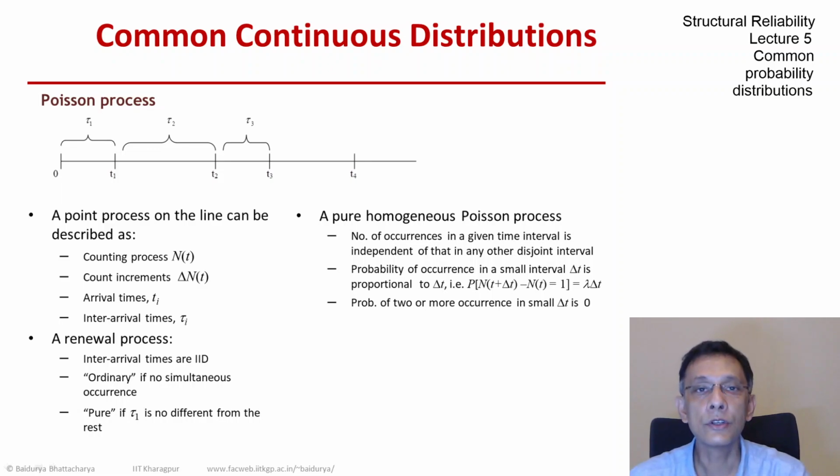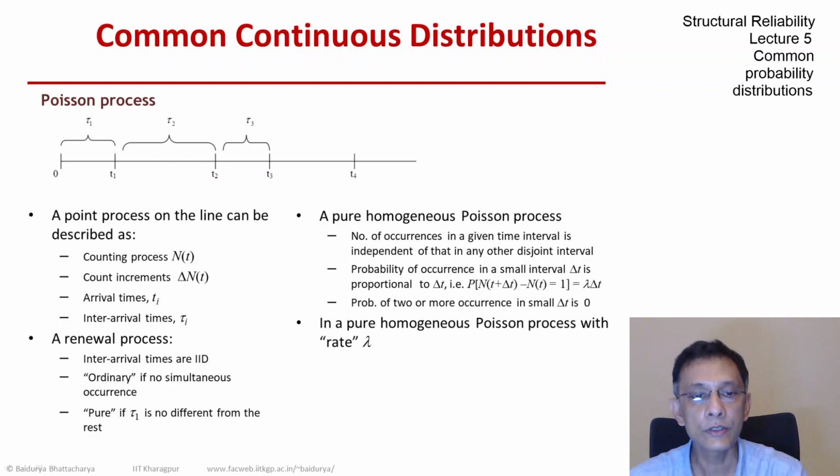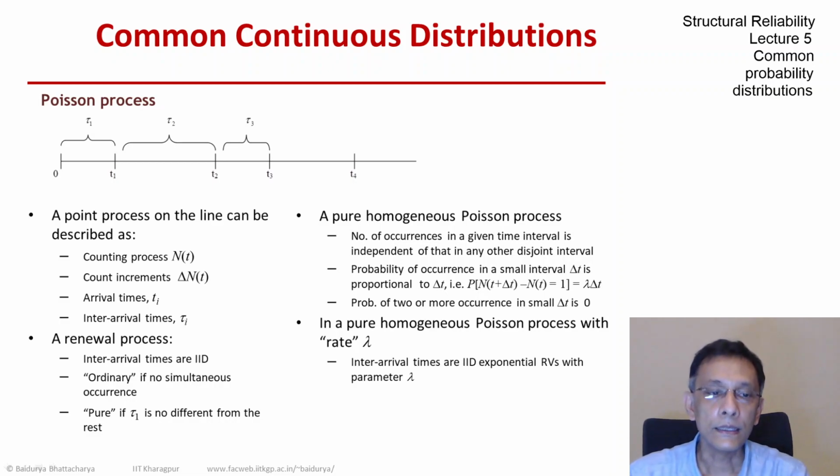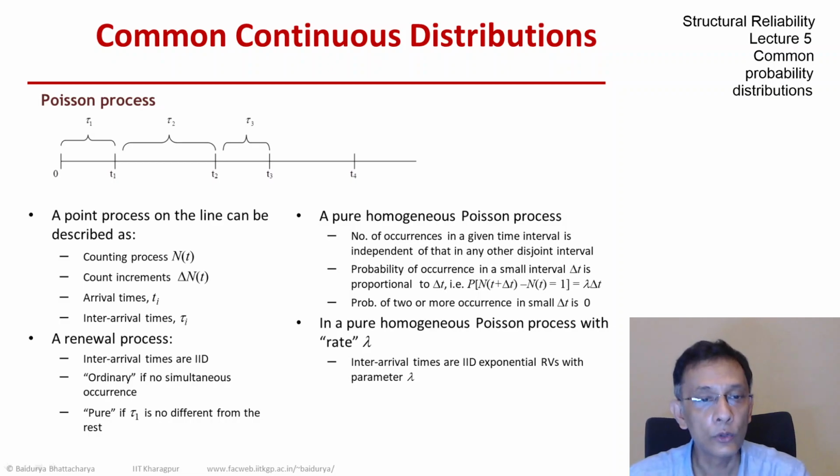There can be either 0 or 1 occurrence only in a small interval of size delta t. That gives us a pure homogeneous Poisson process, and we get some very powerful results out of it: the inter-arrival times, the taus, are IID exponential random variables with that same parameter lambda.